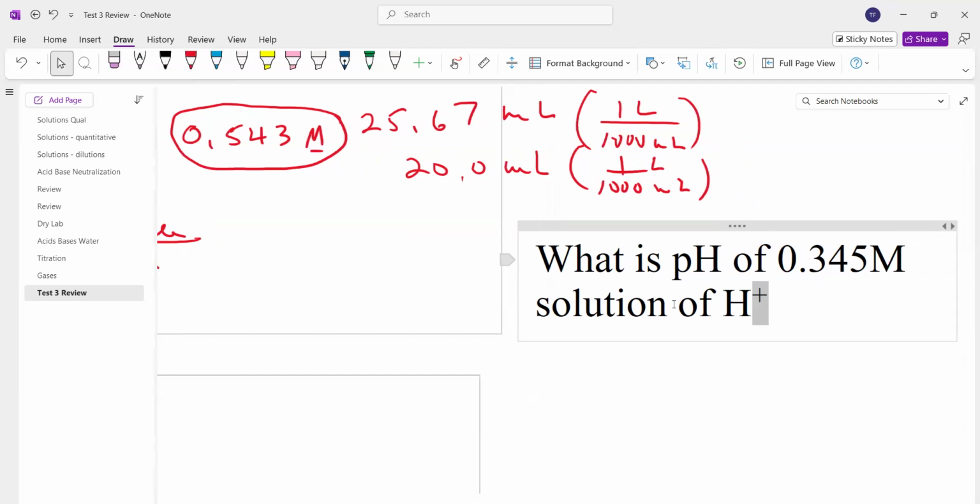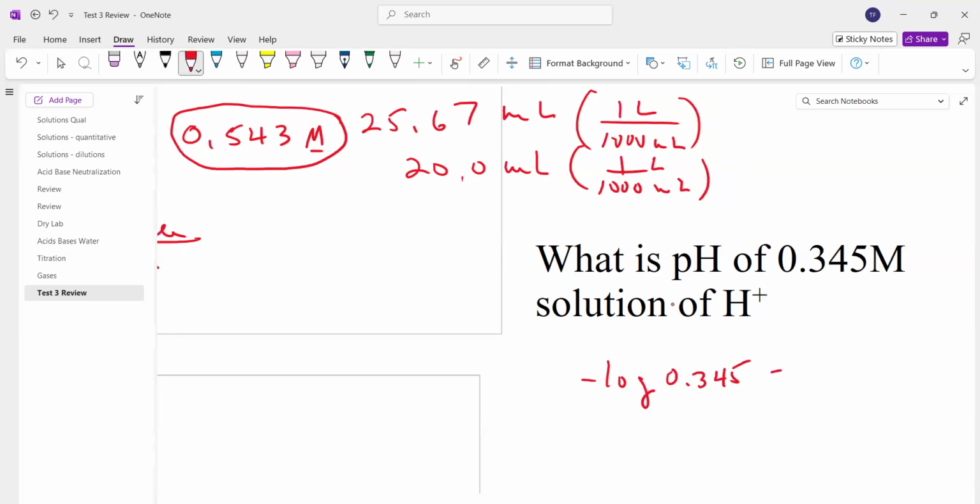Then you take the logarithm of 0.345. So that would be, no units. pH has no units. So that's it as far as pH. Concentration to pH, pH to concentration.